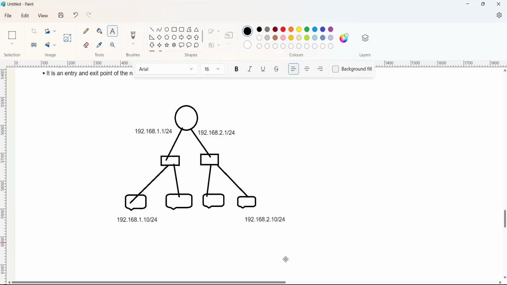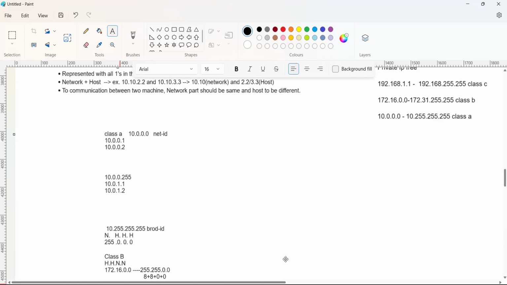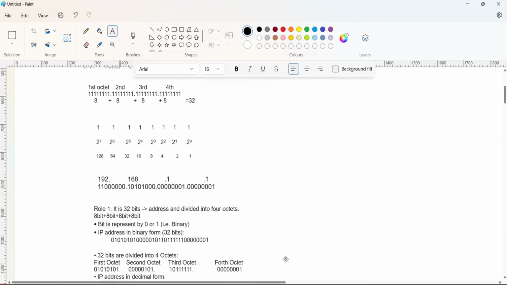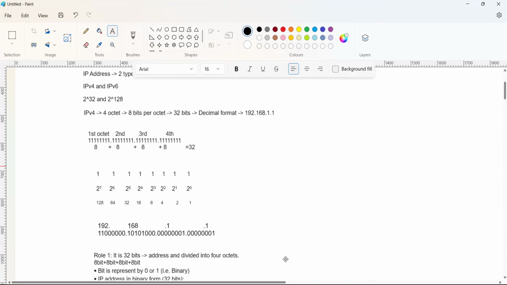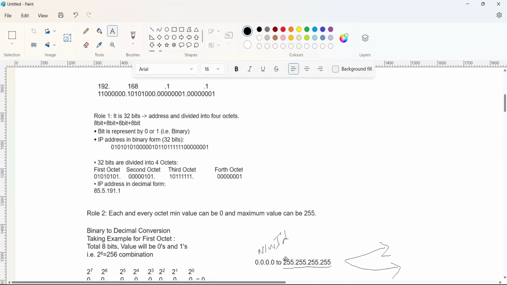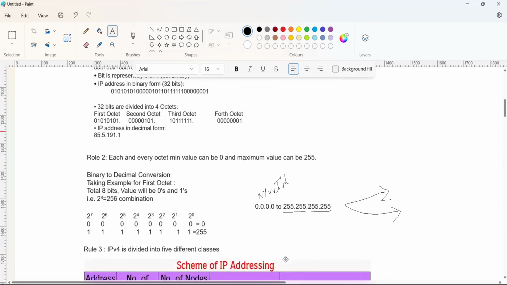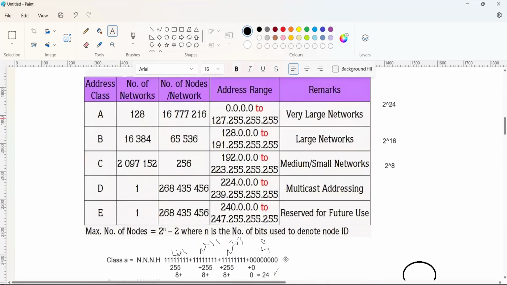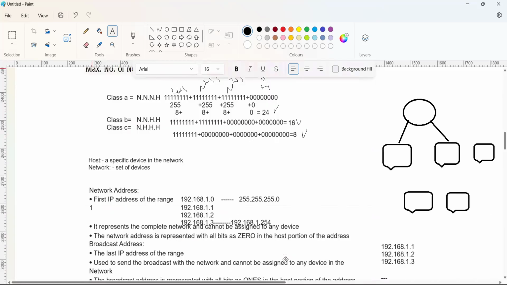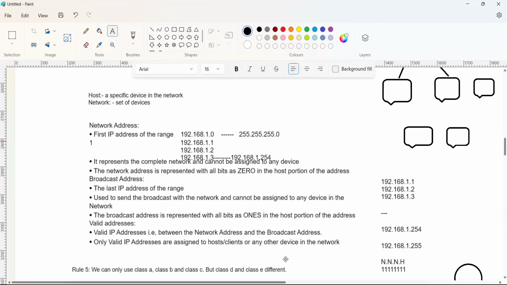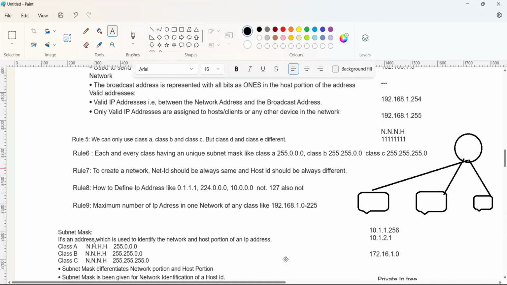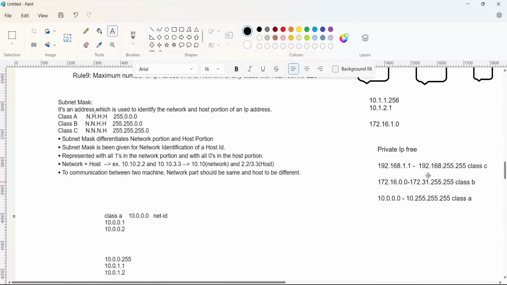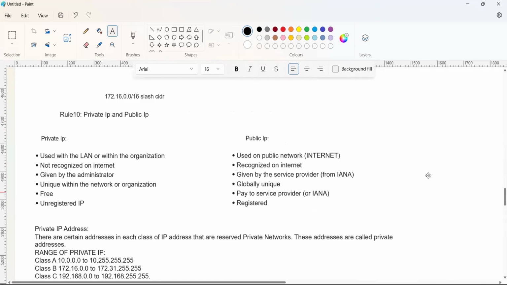Today I explained IP addressing, what IP addressing is and the types of IP addressing, how to convert binary to decimal and decimal to binary, and the rules to follow. I explained how to get the subnet mask, the classes of IP addresses, valid IP addresses, network ID address, and broadcast IP address, which addresses we assign to end users and which we cannot, what the network portion and host portion are, and the two types of IP addresses, private and public ranges.